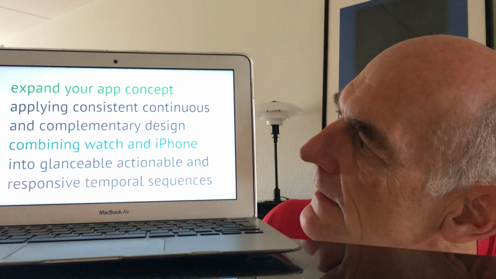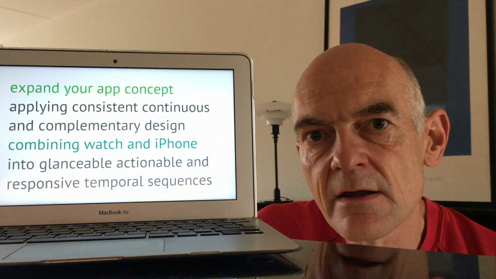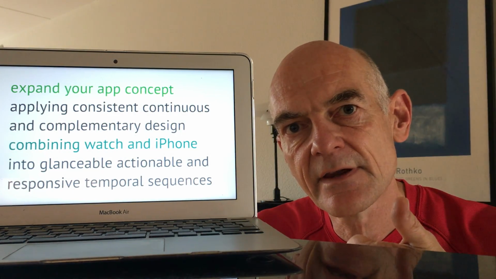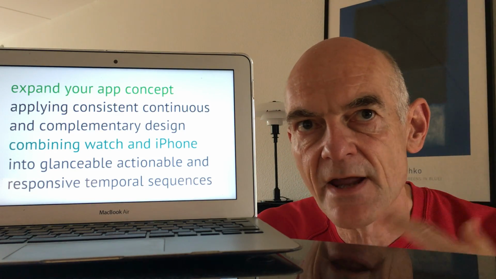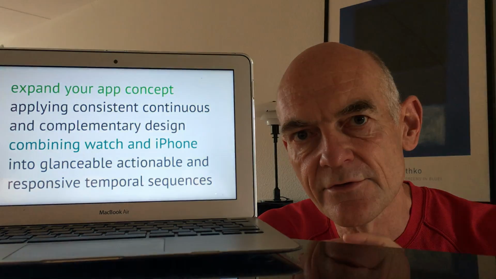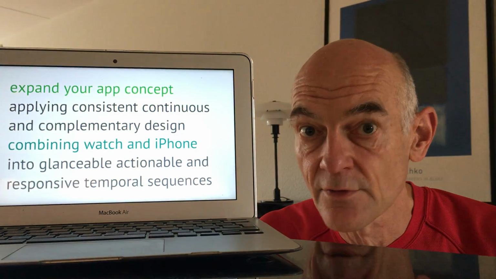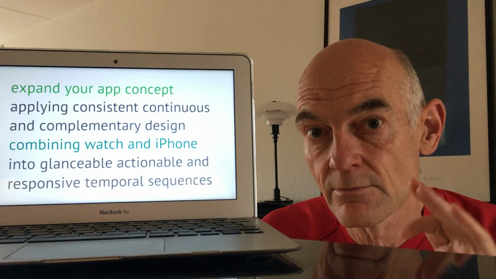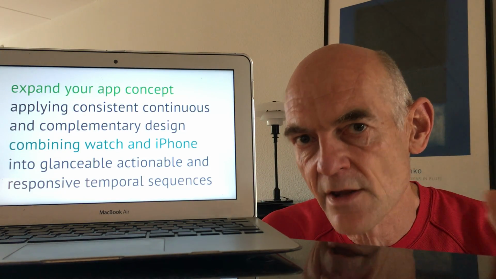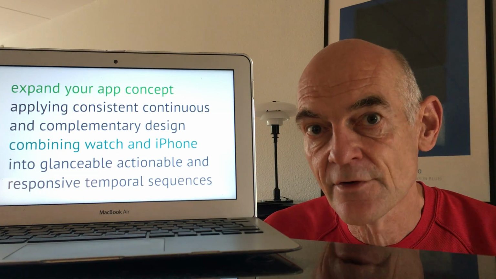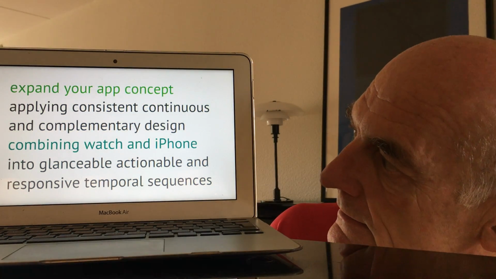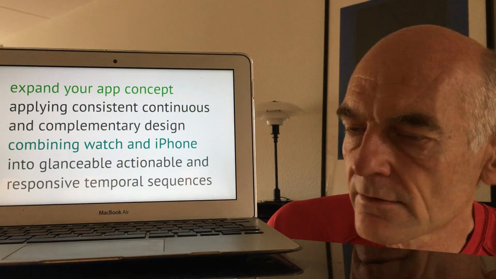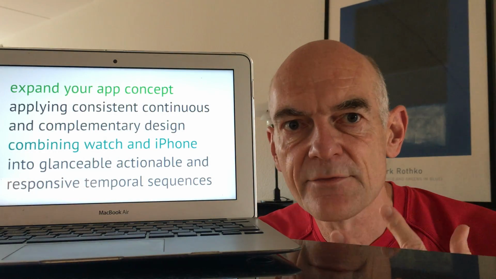Then say, okay, in a structured way, look at what are the consistent things, the continuous things, the complementary aspects which would make the combination of the two, the watch and the smartphone, more than the sum of the parts. What would that be? What would be the concept where you could actually enhance the functionality, provide a greater user experience?